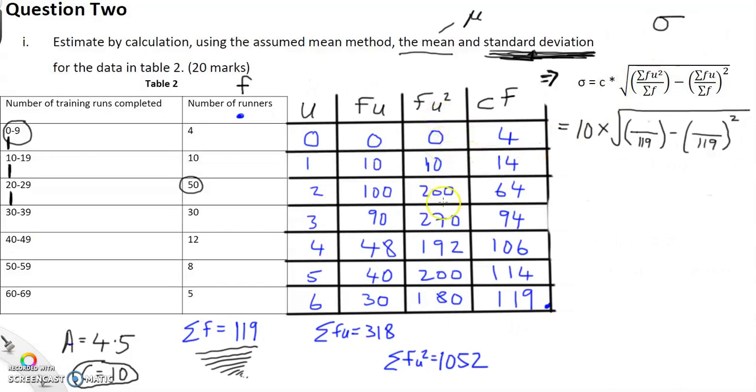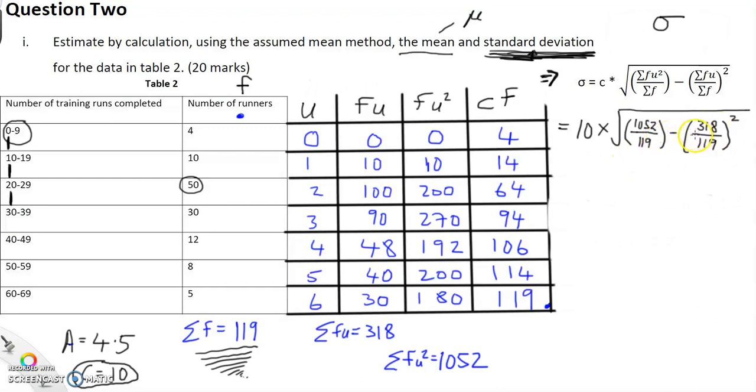We worked that out: sigma fu squared is 1052. So let's write that in. In the second bracket is sigma fu, which is smaller, 318. So we put in 318.